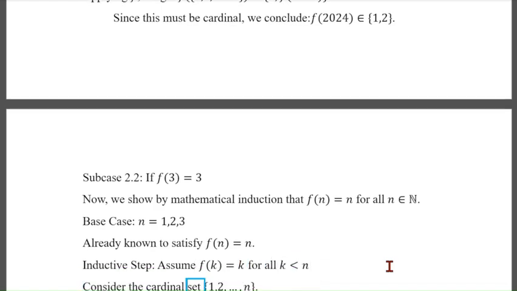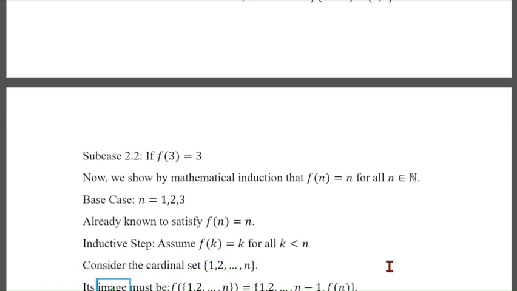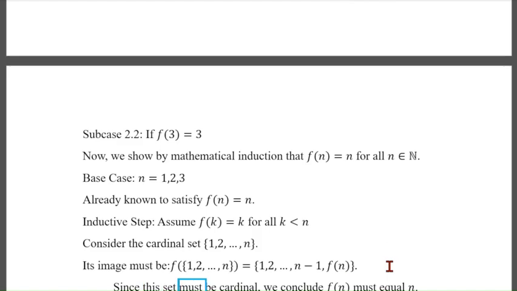Consider the cardinal set {1, 2, ..., n}. Its image must be f({1, 2, ..., n}) = {1, 2, ..., n-1, f(n)}. Since this set must be cardinal, we conclude f(n) must equal n.